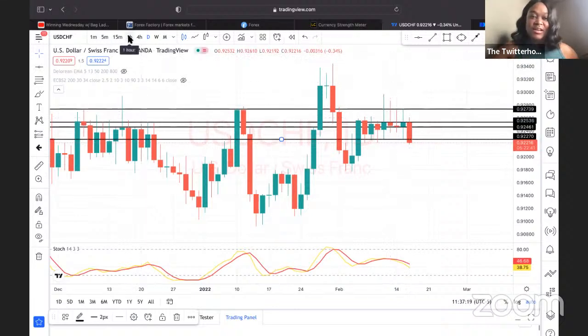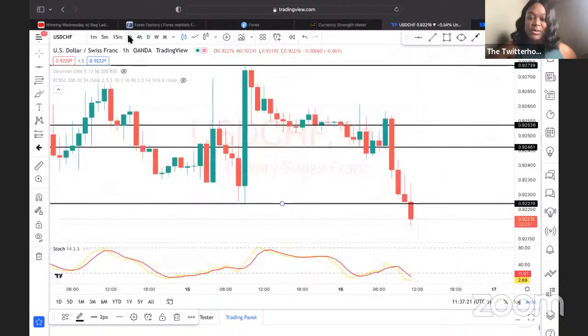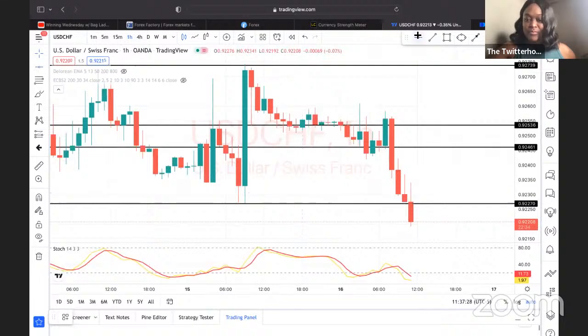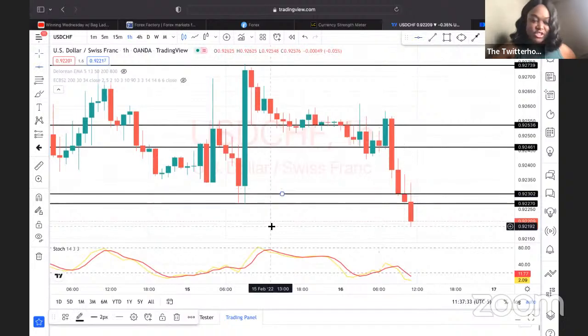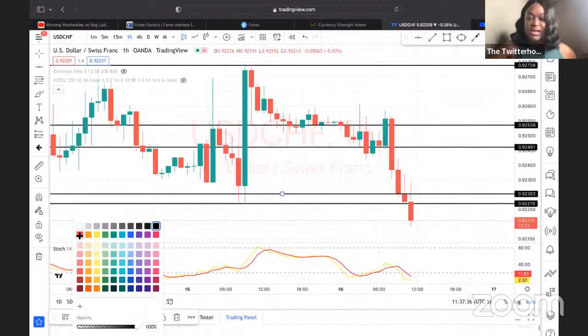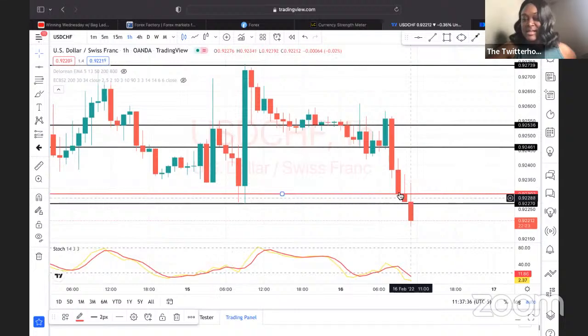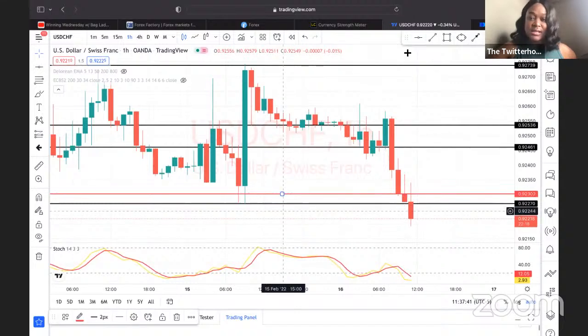So I'm going to drop it down to the 1 hour, and I'm going to do the same thing. All right. So when I mark the candle, the top, I'm going to change it to red because it's on the 1 hour. That is the ceiling or resistance.